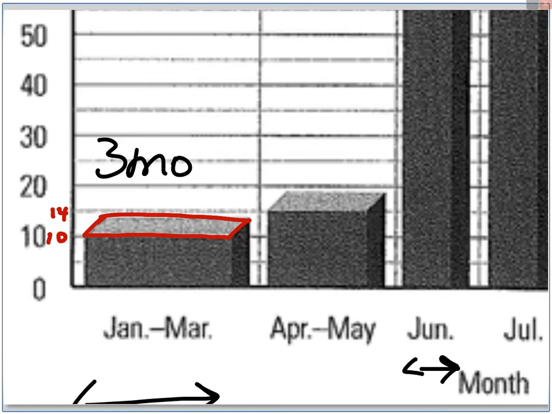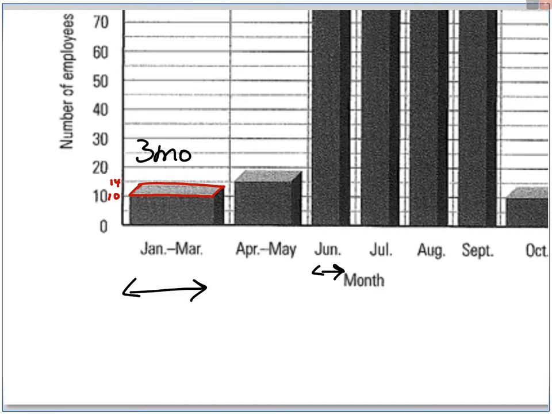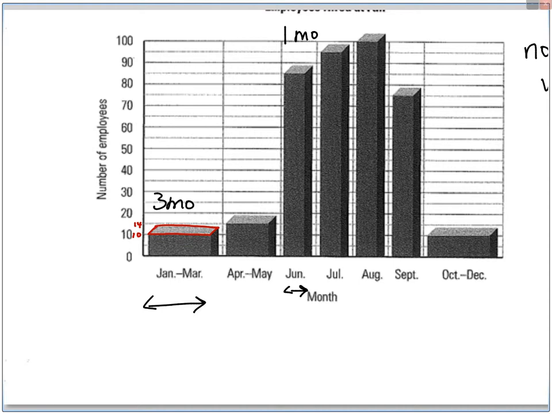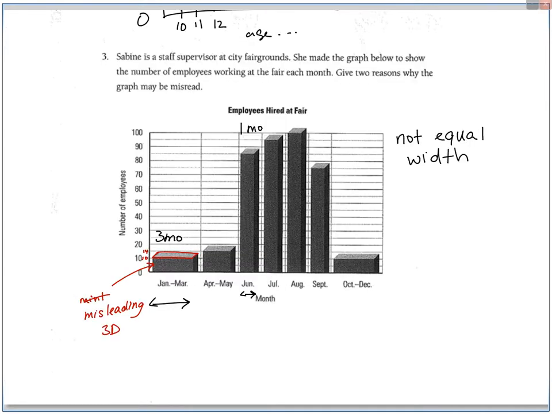If it was like a wall, the front of it would probably be 10, right? Now, people aren't always going to think that way, so that's also misleading. Because it's 3D, you don't know if it's 10 or 14. Good, you guys. Seems like you guys are pretty fluent with graphs.